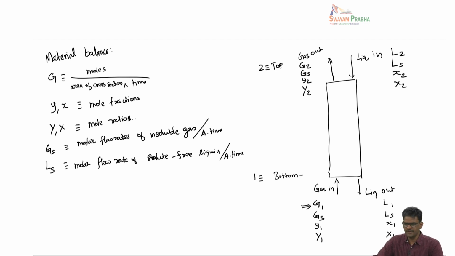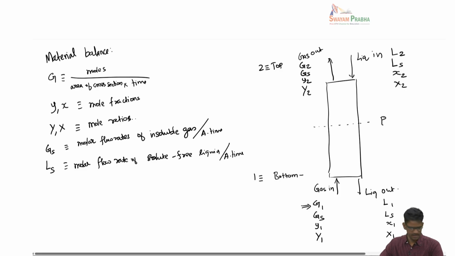So this is something we have done for a very general case of E phase and R phase, and already introduced these notations. We will just go ahead and consider some point P here, where the variables will be as follows.